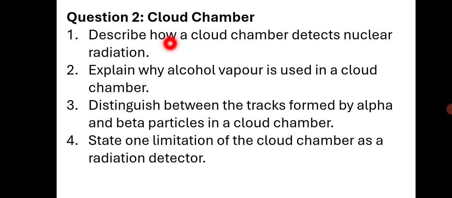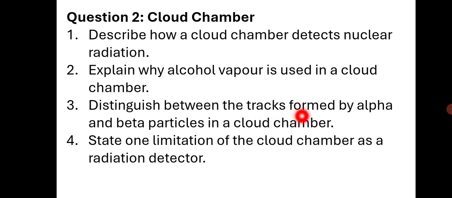Based on the cloud chamber, describe how a cloud chamber detects nuclear radiation. Explain why alcohol vapor is used in a cloud chamber. Go back to the material that is covered and state the reason why.